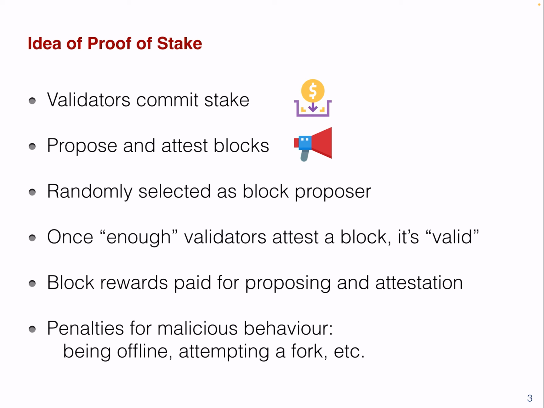Block rewards are then paid for proposing a block, as well as for the attestation of a block, ideally. And what we also want in such a proof of stake system is that there are penalties for malicious behavior. So for example, if the proposers are being selected but they're currently offline and they're not reacting, well, that's bad, right? Because the chain doesn't grow.